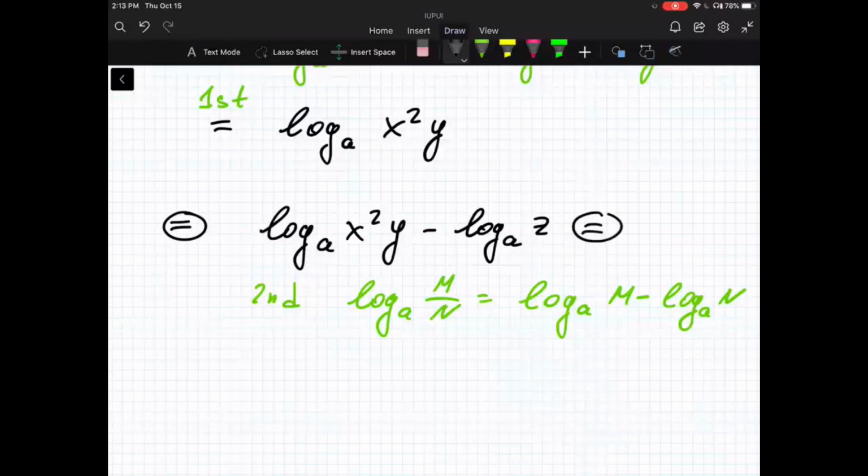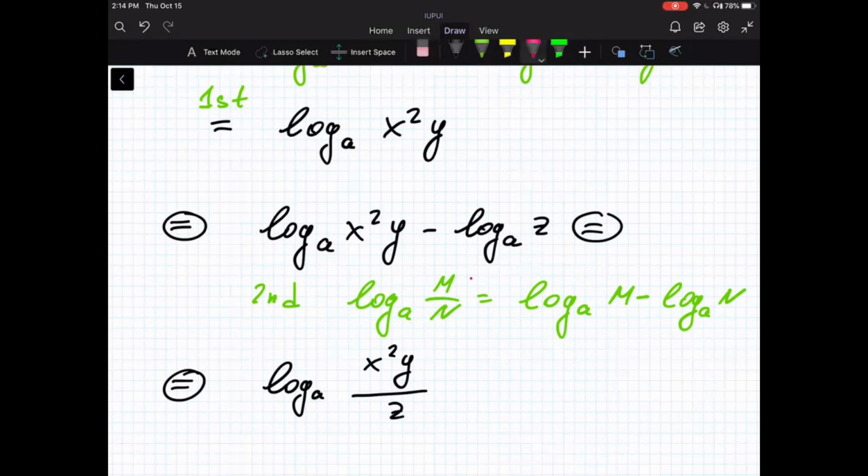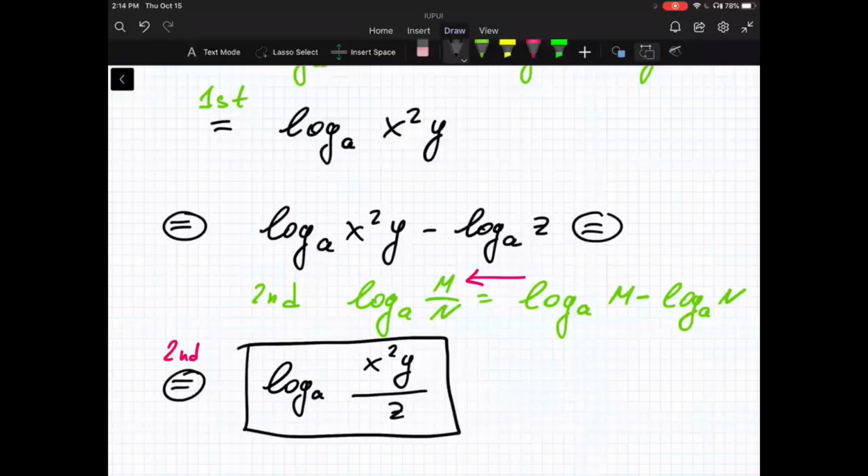So I can express it as the logarithm of the first one as the numerator divided by the second one, which becomes the denominator. So again, I'm reading the second property from right to left. And I am done, because now I have only a single logarithm of x, y, and z.